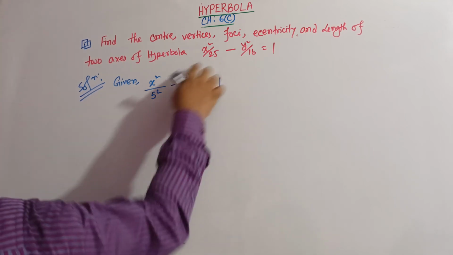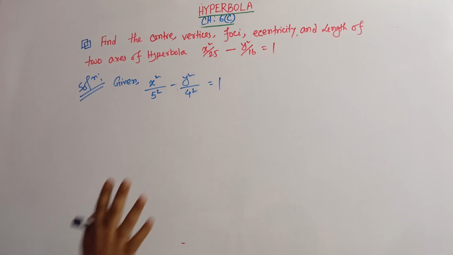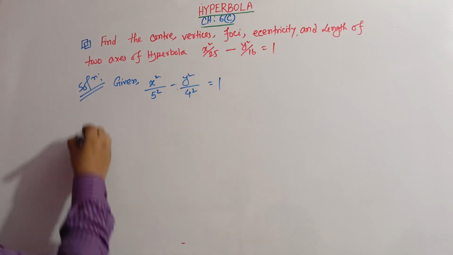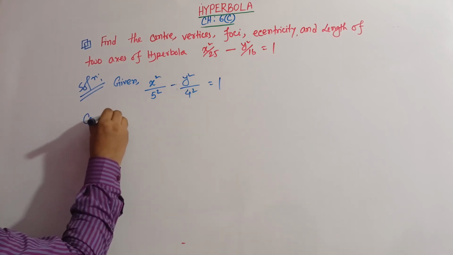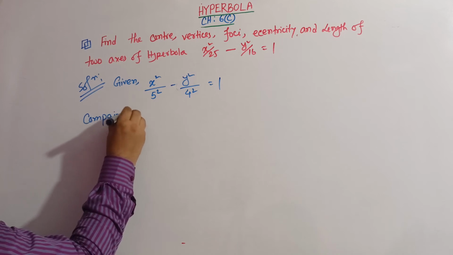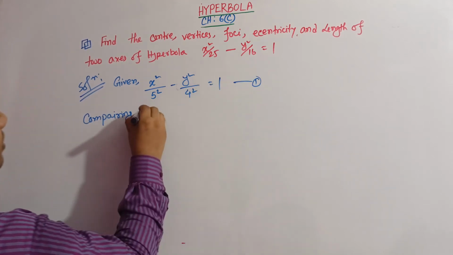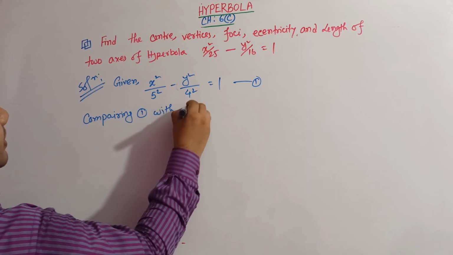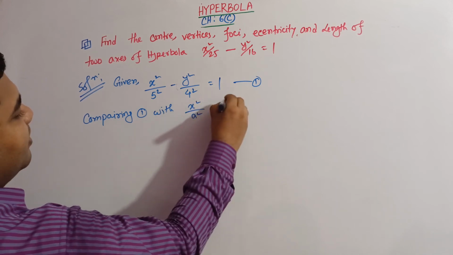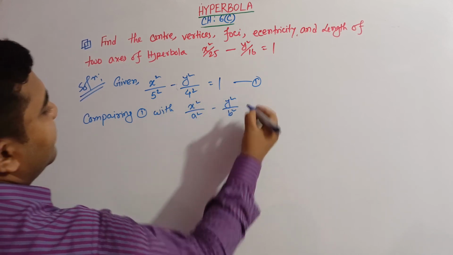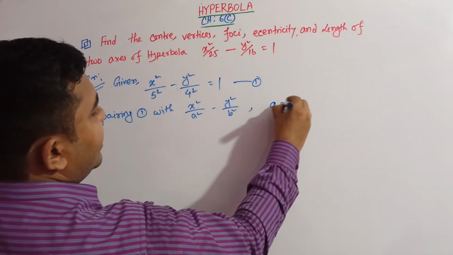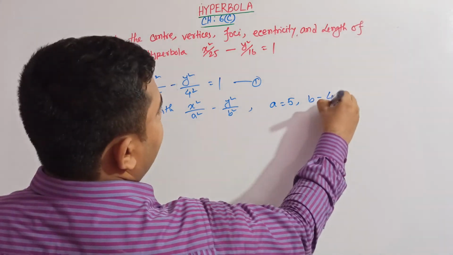Just 25 can be written as 5 square and 16 can be written as 4 square. Comparing with x square by a square minus y square by b square equals 1, we get a equals 5, b equals 4.